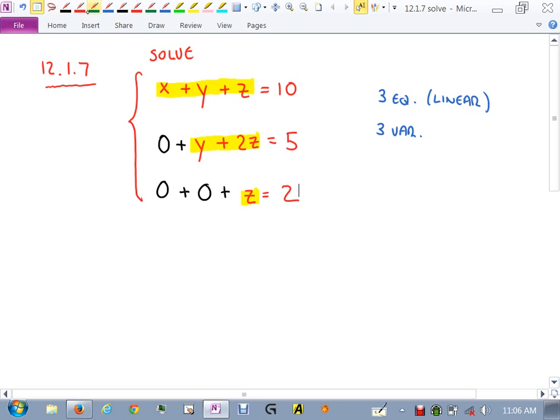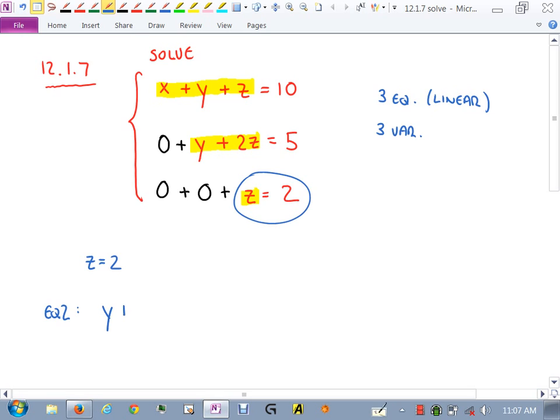Do we know any of the variables right now, what they are? I know z is 2, don't I? From that, I can go to equation 2. That's the second row, right? This one has just y and z in it, but I know what z is. So I can solve for y.